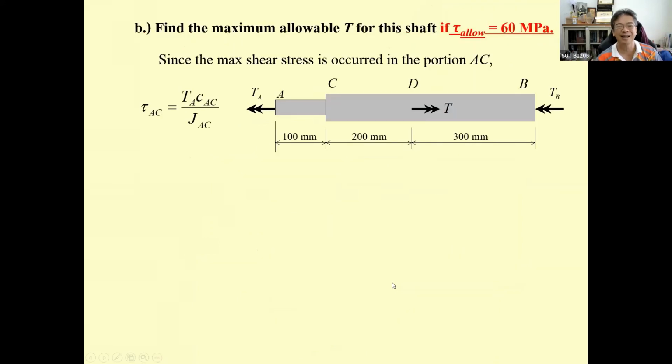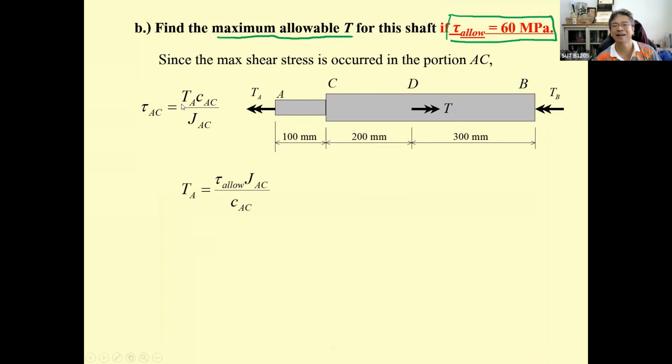Okay, and for the analysis 1.B, we can find the maximum allowable T. This time they set up tau allowable to be 60 megapascal. Okay, and then the maximum stress occurs in the AC.